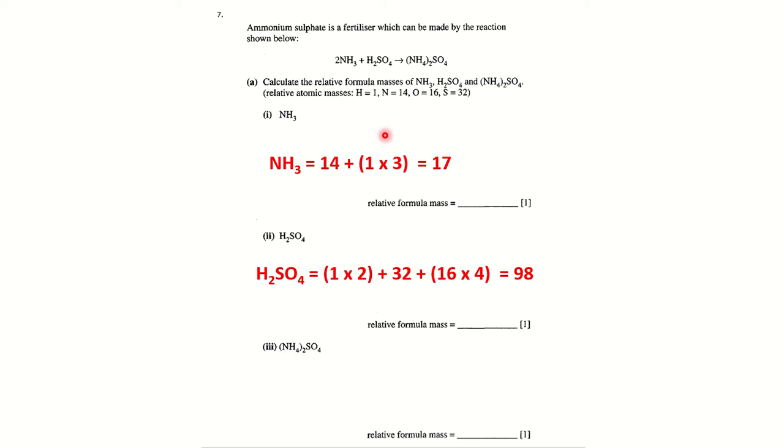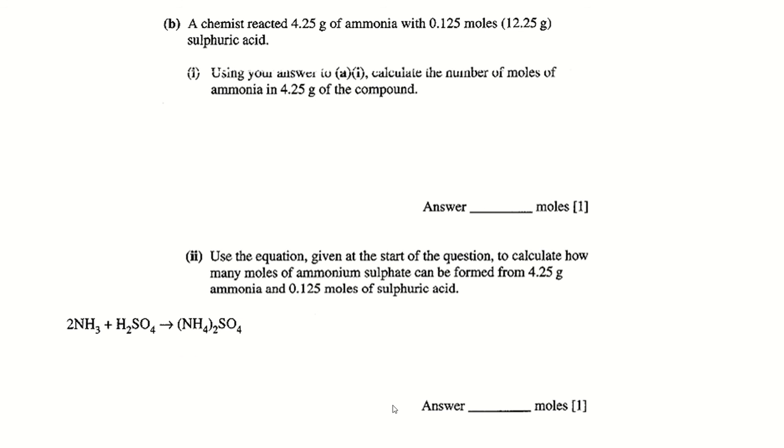So nitrogen is 14, 4 hydrogens would be 4, so 14 and 4 is 18. So what's inside the bracket is 18, and then we're multiplying that by 2. So 18 times 2, plus 1 sulfur, 32, 16 times 4, and that totals up at 132.